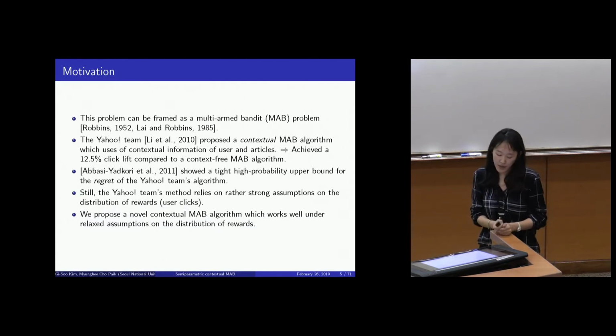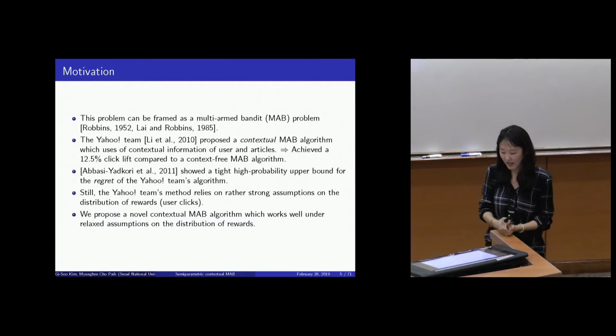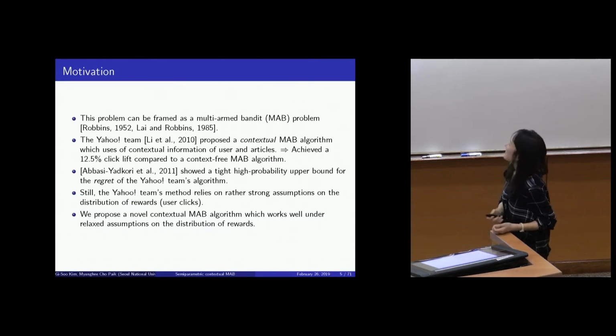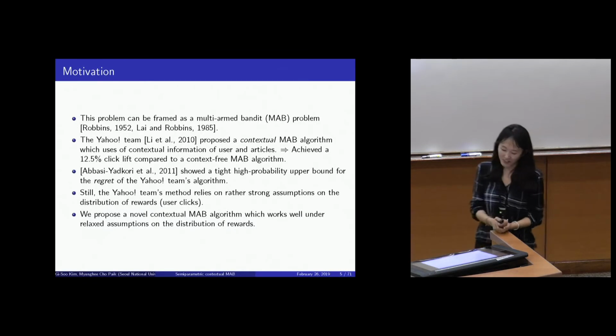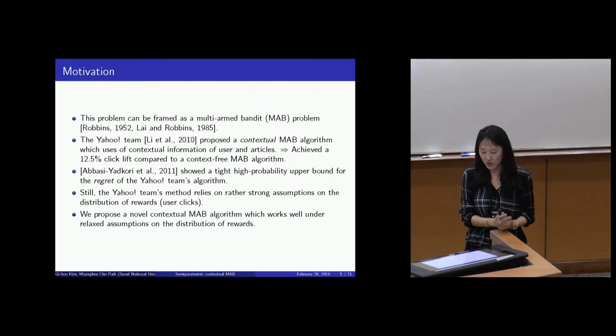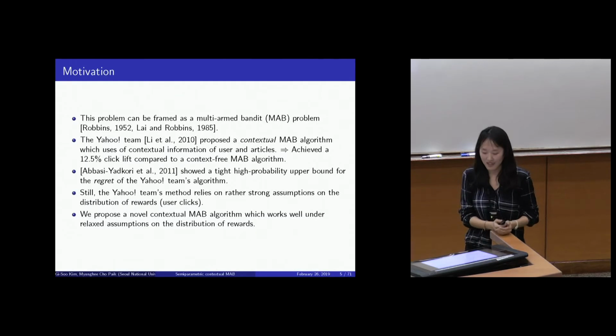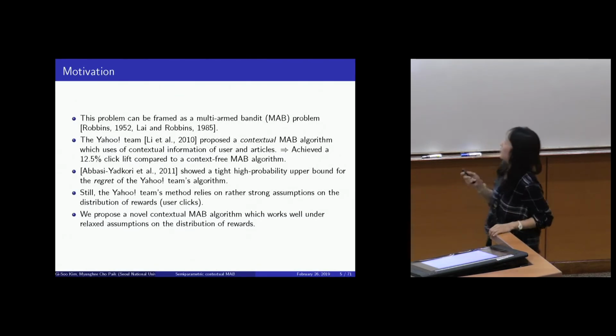And then the paper of Abbasi-Yadkori et al. demonstrated a tight, high probability upper bound for the regret, a performance measure, of the Yahoo team's algorithm. But still, the Yahoo team's method relies on restrictive assumptions on the distribution of rewards. So the goal of this work was to propose a novel contextual bandit algorithm that performs well under relaxed assumptions.